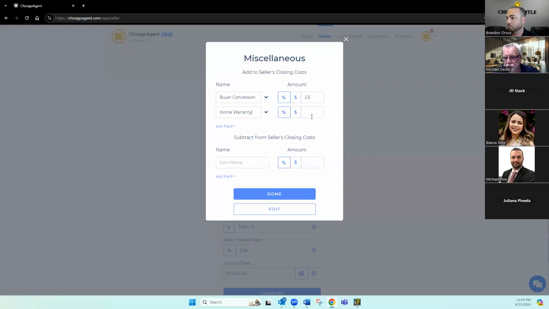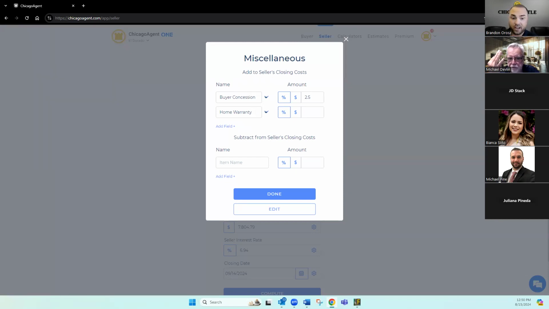Fidelity, I've mentioned, are friends. We might need to do a longer version of this, but what are some of the things that a seller pays for? Maybe a concession to a buyer, a home warranty. There's a natural hazard disclosure statement, NHD.